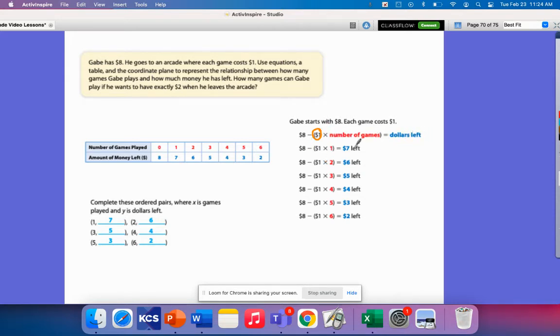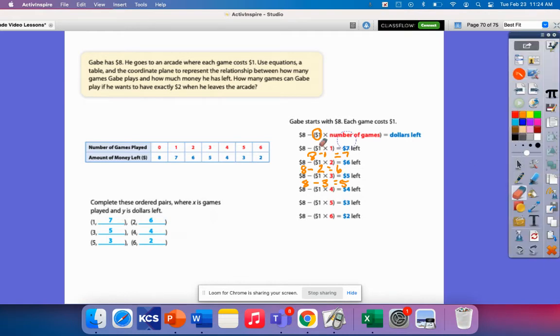So you can see here that for one game, we had $8 minus 1 times 1, so that would be 8 minus 1 equals 7. 8 minus $1 times 2 games is 2, equals $6 left. We have 1 times 3, so this would be $3. So 8 minus 3 would be 5, and so on and so on.